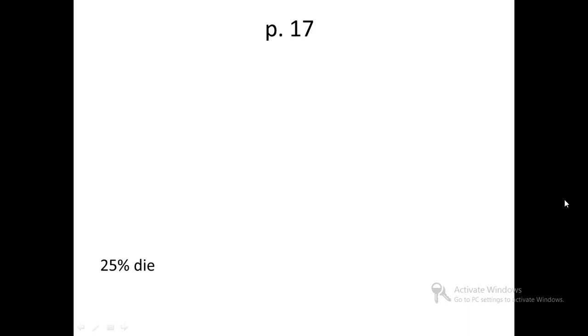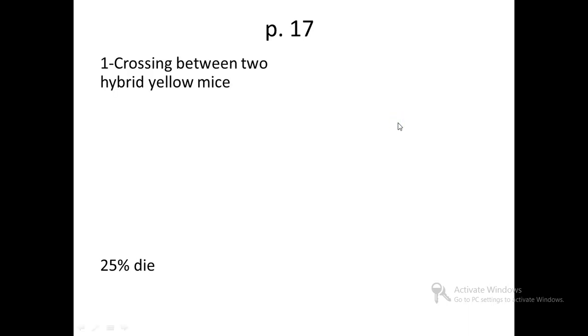An example, page number 17 in booklet. Crossing between 2 hybrid yellow mice. In all problems of lethal genes, the 2 parents are hybrid. How do we know this is a problem of lethal gene?